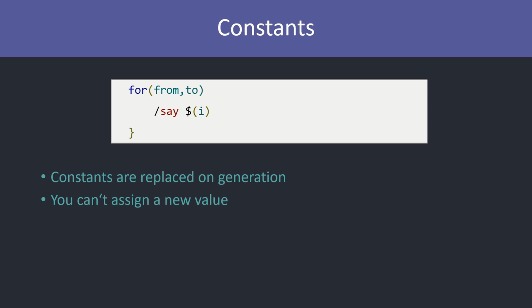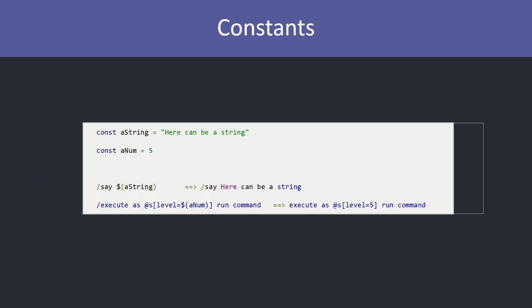This for loop gives you a predefined constant, but of course you can also define your own constant. That would look something like that, just with the const keyword, then the name of the constant, an equal sign, and then either a string or also a number. And later on you can just use it in any command you want.